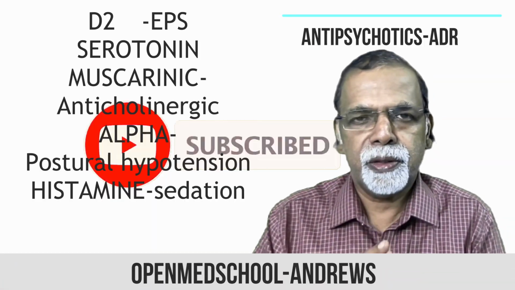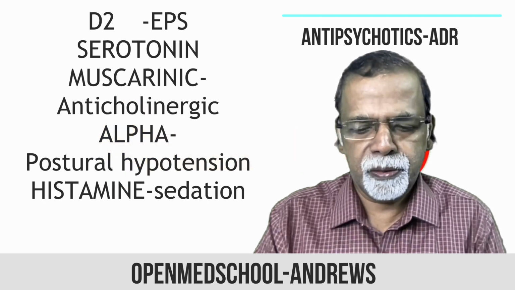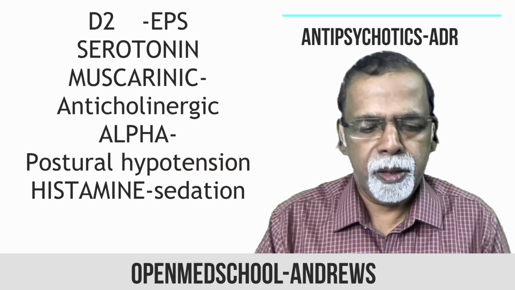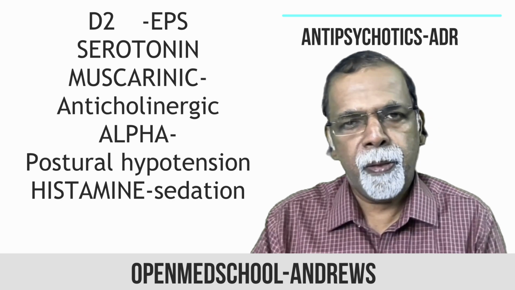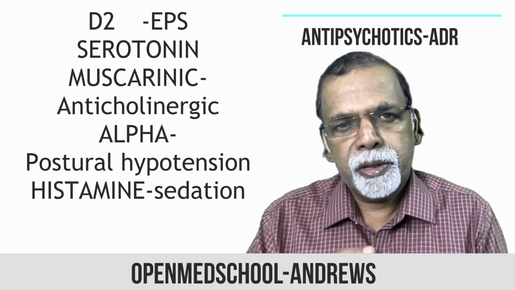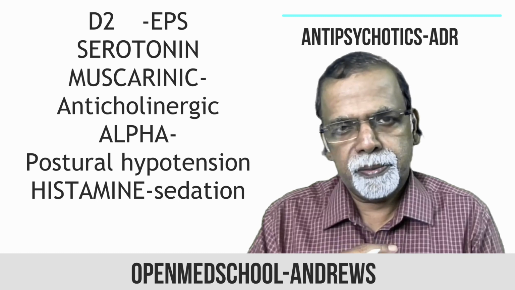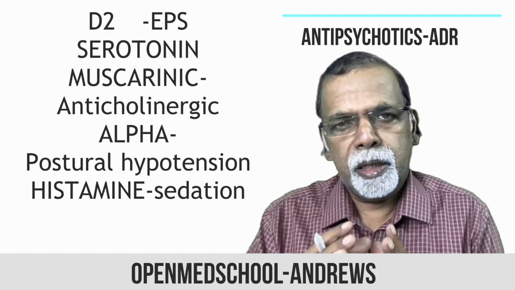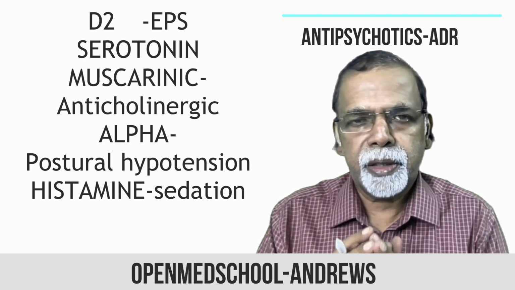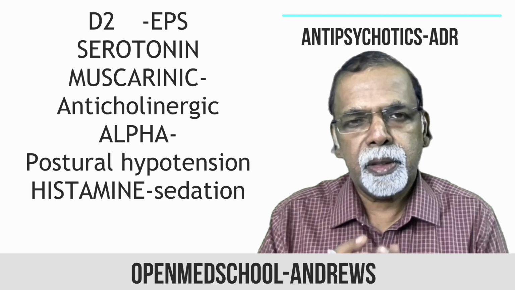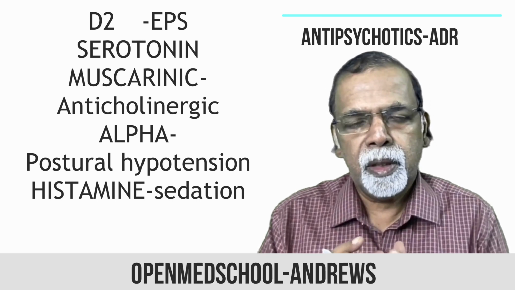In the last session we discussed various antipsychotics and their mechanism of action. Today I am going to discuss with you the major adverse reactions. As we know, the antipsychotics act mainly on the dopamine receptor.